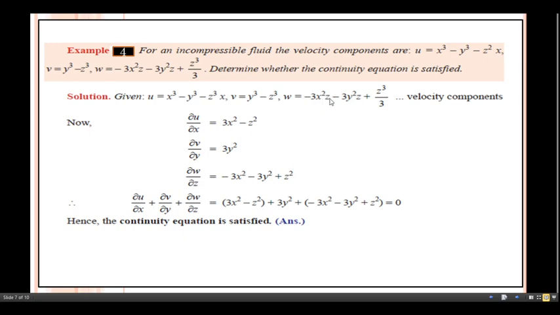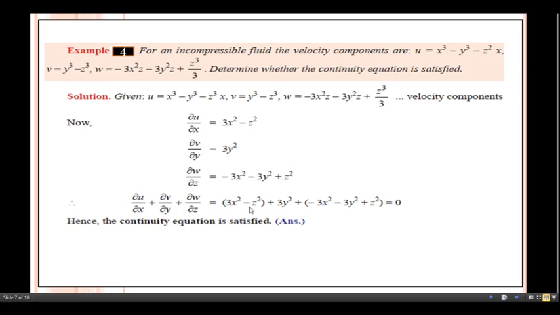Minus 3x², derivative of z with respect to z is 1. So minus 3x² will occur here, minus, the derivative of z again gives 1, so minus 3y² will remain, plus what about the derivative of the next term? z² will occur here, because 3z² will come, 3 by 3 gets cancelled, so here you get z². So this is the continuity equation we have.